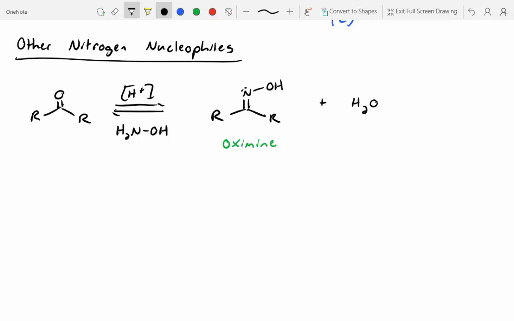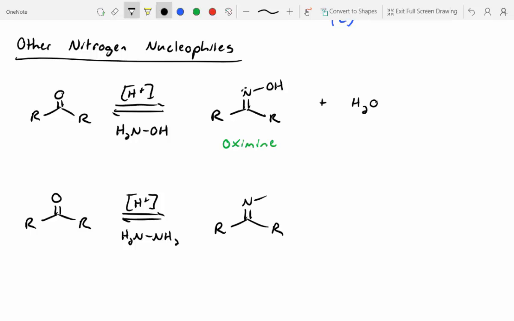Another nitrogen nucleophile that we saw in our pod is where you can take a ketone, treat it with catalytic acid and hydrazine. And when we do this, we still get an imine.